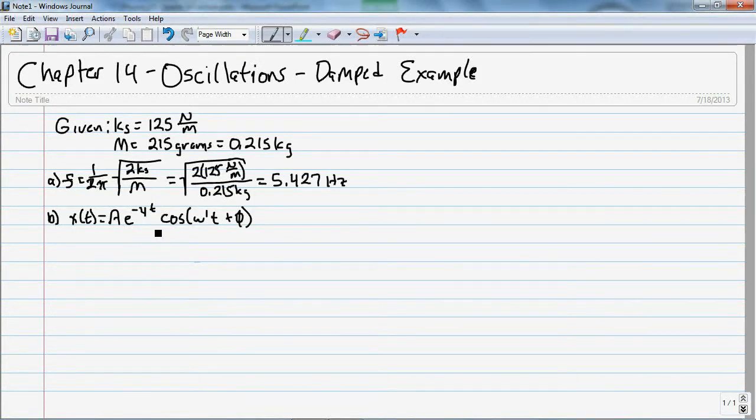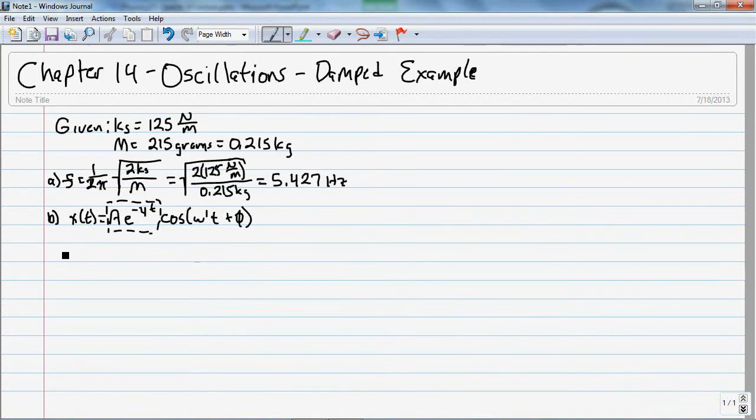But they're only asking for amplitude, and this part, the A e to the negative gamma t, is really the amplitude. The cosine is just oscillating between these two amplitudes as they decay. So this is the only part that I'm interested in.